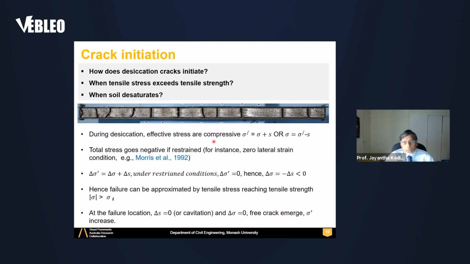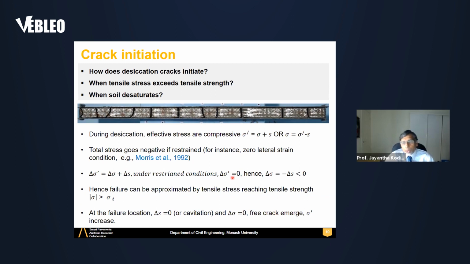for the effective stress. Effective stress can be written as total stress plus suction, and that means total stress is equal to effective stress minus suction. So total stress goes negative if restrained. For instance, under a zero lateral restraint condition, no movement can be observed. Therefore, this delta sigma dash, or change in effective stress, is zero.